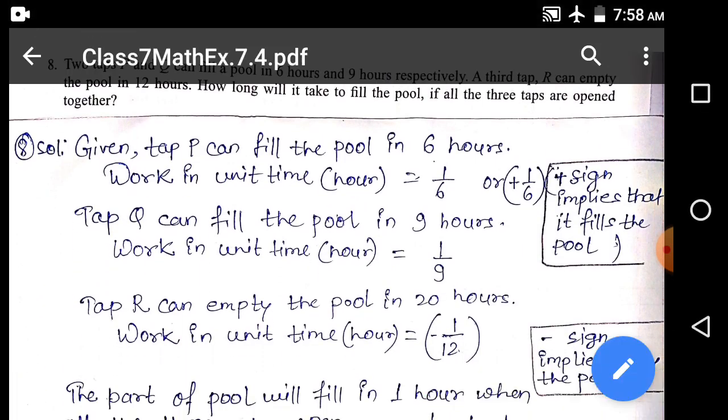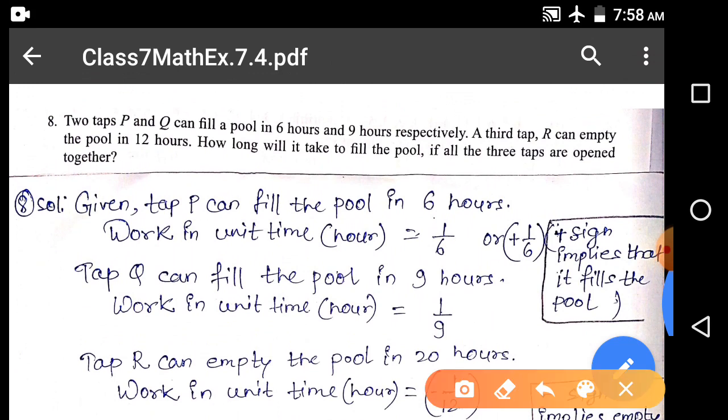See the question first. Here it is given that two taps P and Q can fill the pool in 6 hours and 9 hours respectively. They are filling the pool, and the third tap R empties the pool in 12 hours. How long will they take to fill the pool if all three taps are open?